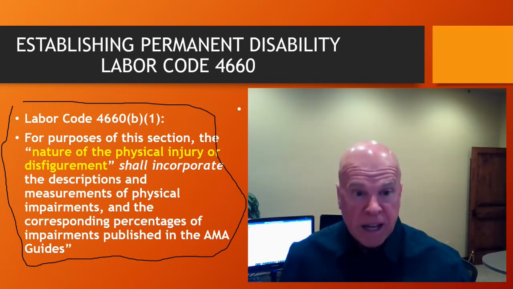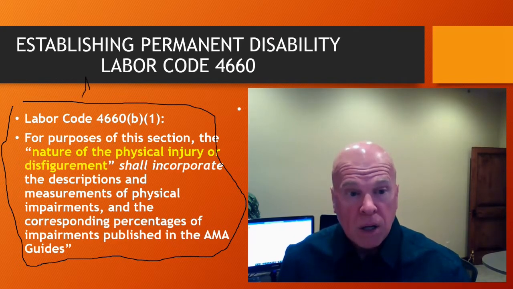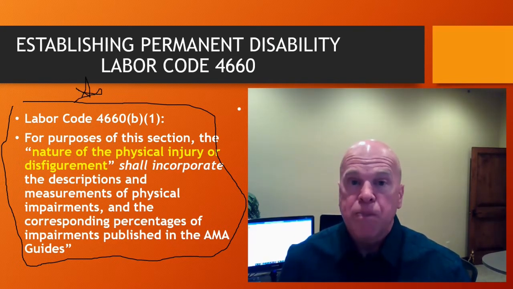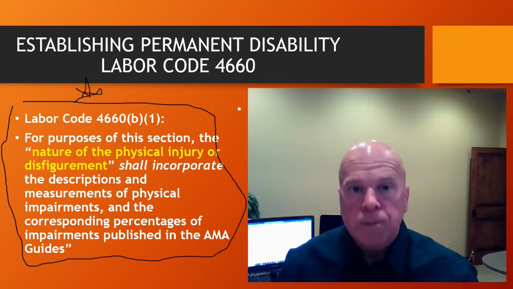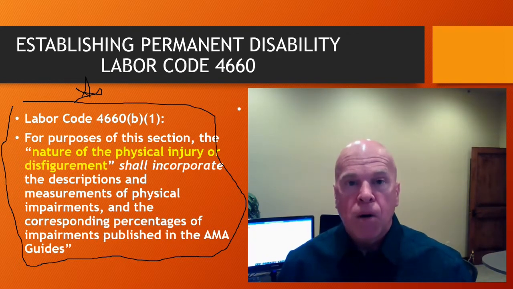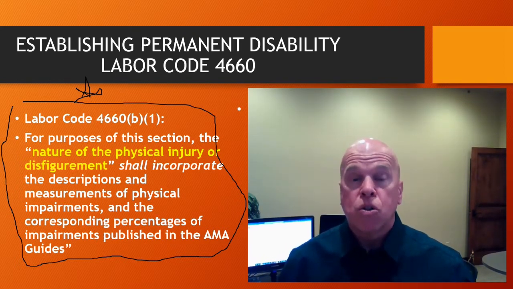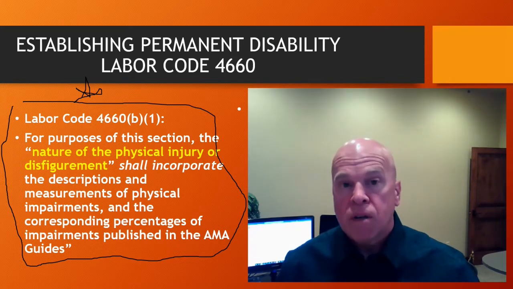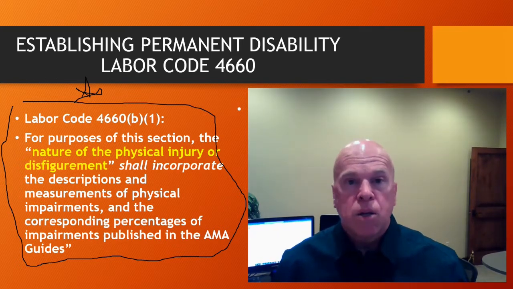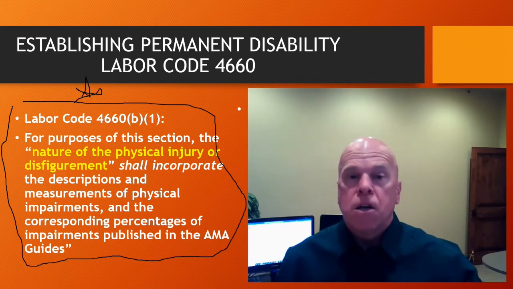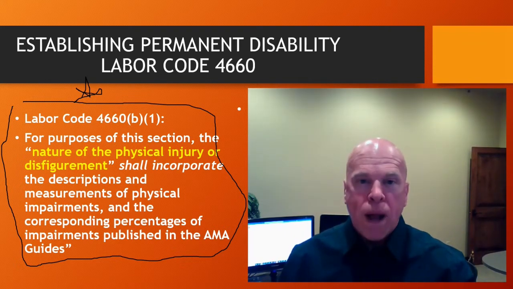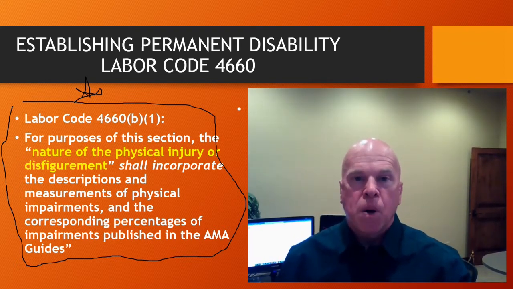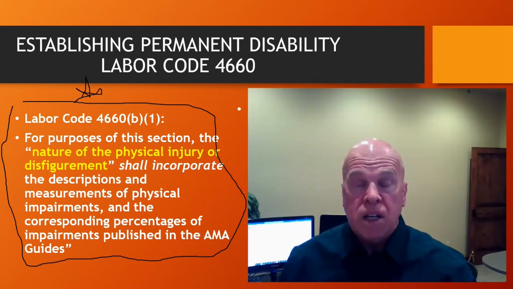Well, and that's required by law under Labor Code 4660B. So that explains why permanent impairment ratings can be very, very conservative on one end of the spectrum, because that's the basis of the law, which was enacted by Senate Bill 899. So that establishes the low end of the spectrum of permanent impairment ratings for any given condition.